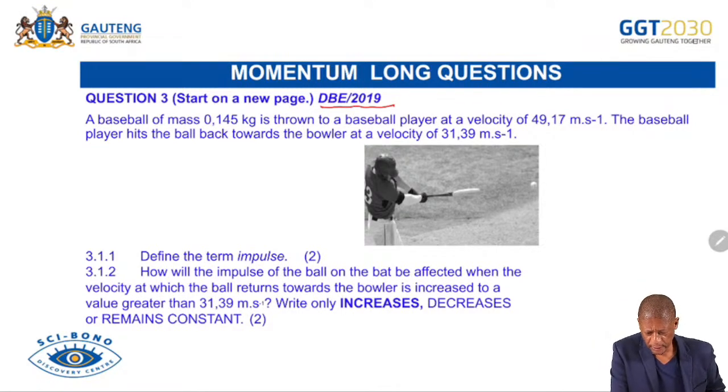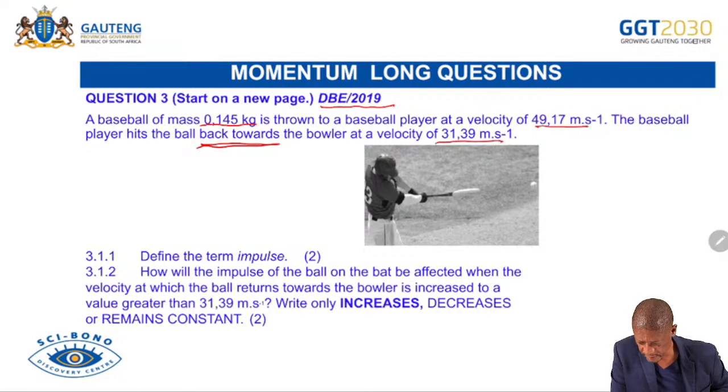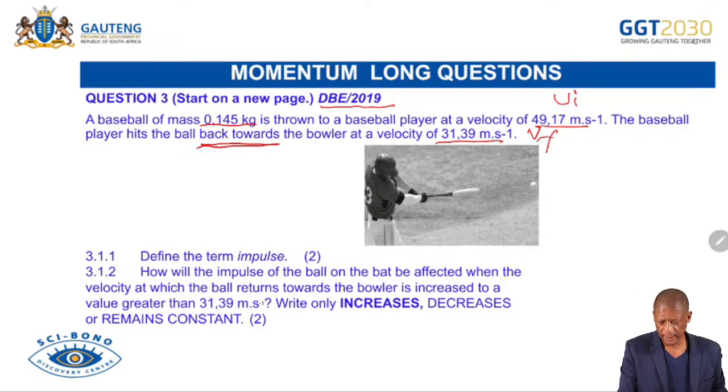If you read this, it gives you the mass of the object, the baseball, that is thrown, then it gives you the velocity, then it comes back, it rebounds at this velocity. This is going to be your Vi, and this is going to be your Vf. Then you start the calculation. Then they say define, 2 marks.